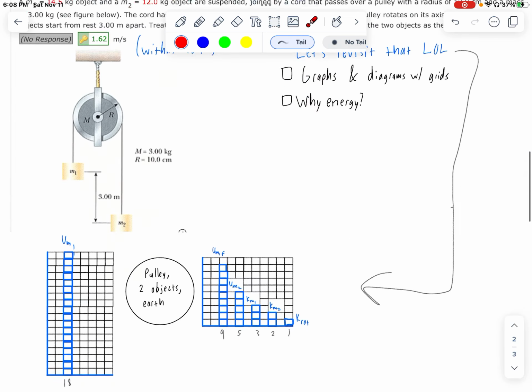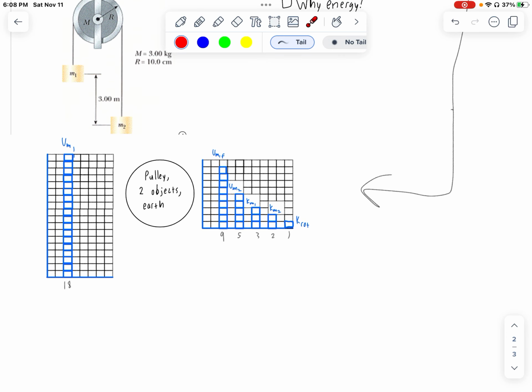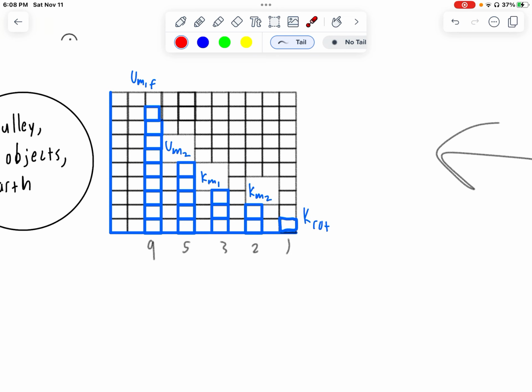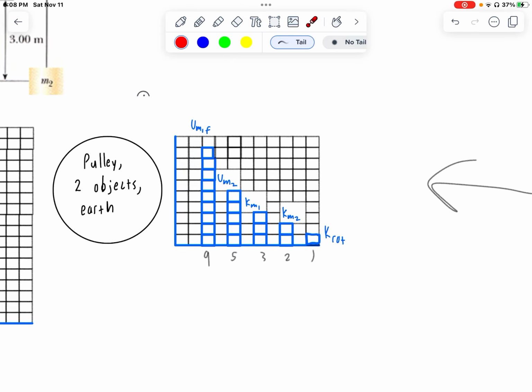It's the point in between 3 and 0. So the gravitational energy in mass 1 at the end is just half of what it initially started with. And then the rest of these numbers, they're not that important, but they should just show you that M2 greater than KM1, greater than KM2, greater than K rotational. K rotational is definitely the smallest in the system.